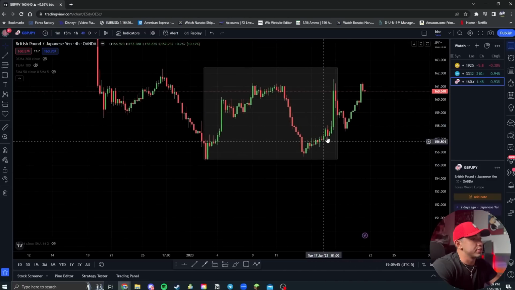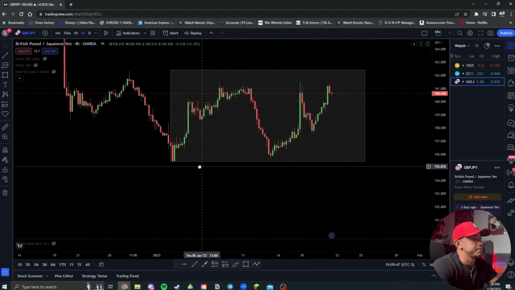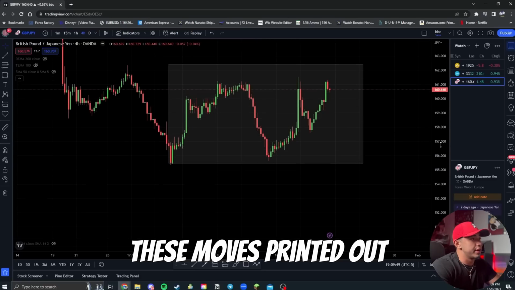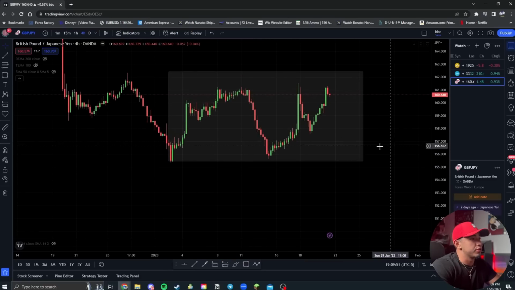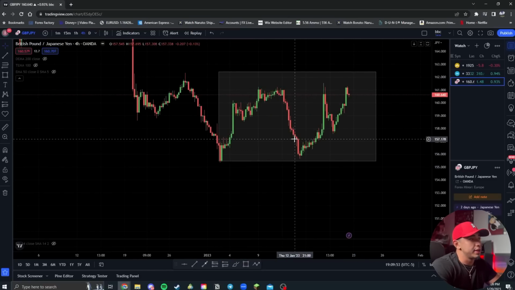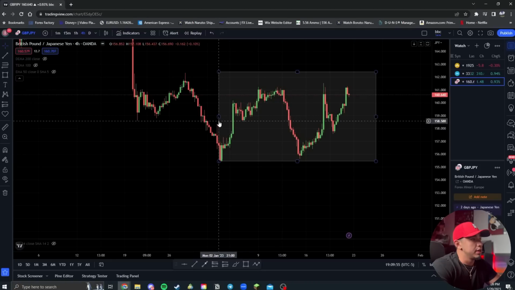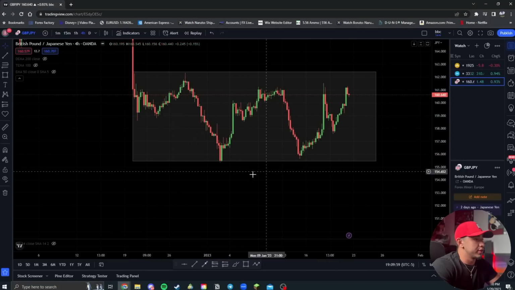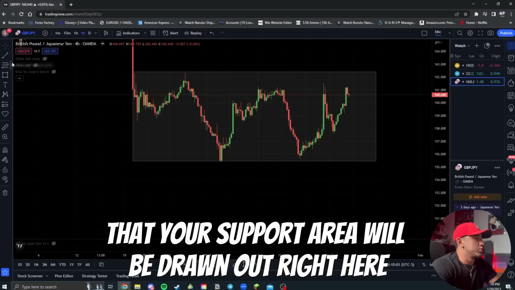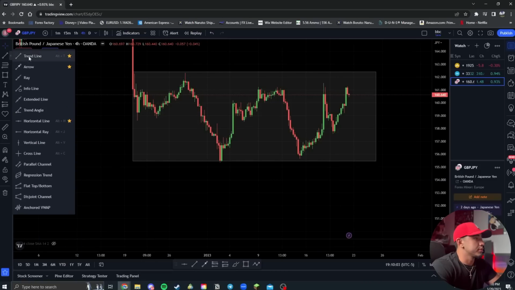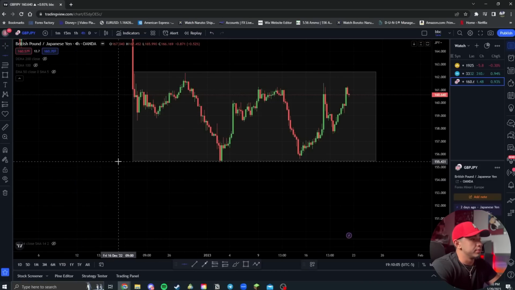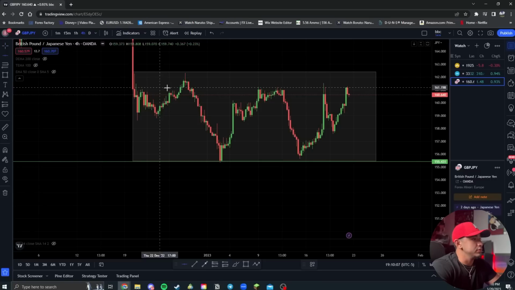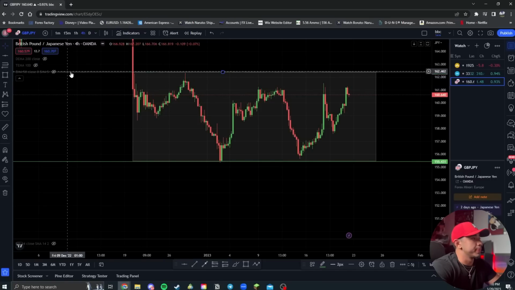And the main reason it's good to have these moves printed out, or just have your box drawn out, is to have an idea of where price action has been and go off of this to determine whether there's going to be a resistance or support area. So you can tell that your support area will be drawn out right here. Here's my horizontal line. My resistance area up here.